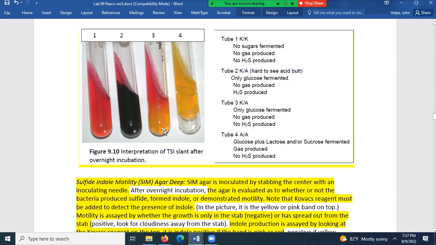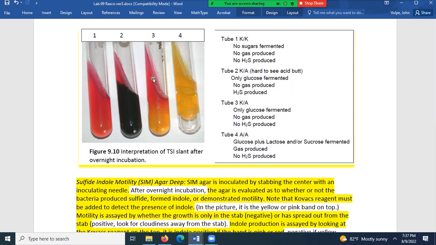The base fermentation happens slower anaerobically than it does aerobically. And so the base is yellow, showing that fermentation occurred. If we looked at the tube earlier, the slant would have been yellow, but it's only fermenting the sugar glucose, which is at very low concentration in this tube.